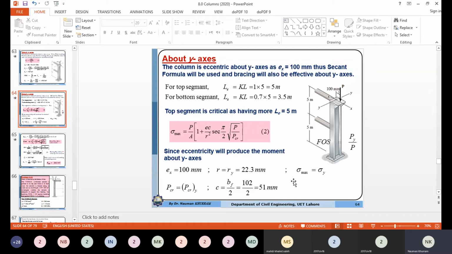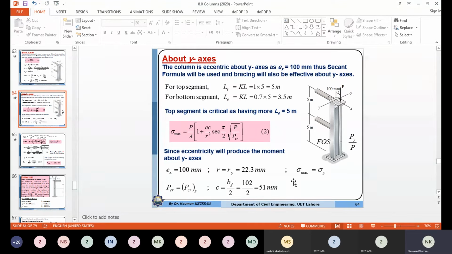Corresponding to the pin end condition, the K value is equal to 1. If I consider fixed at one end and pin at the other, I am on the less safe side, so the effective length will be less. So bracing is mostly considered a pin unless it is welded or properly constrained against rotation.